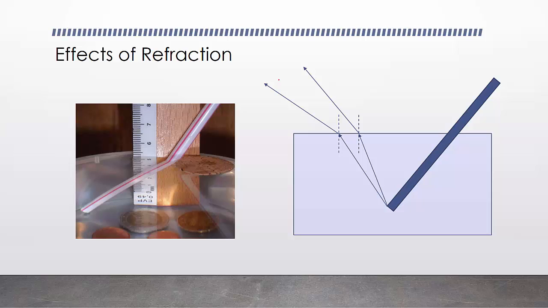What will happen is that you think the light ray comes from a certain location. For this object A, you would think it comes from here, which is the image. So the straw will appear to be bent to you.